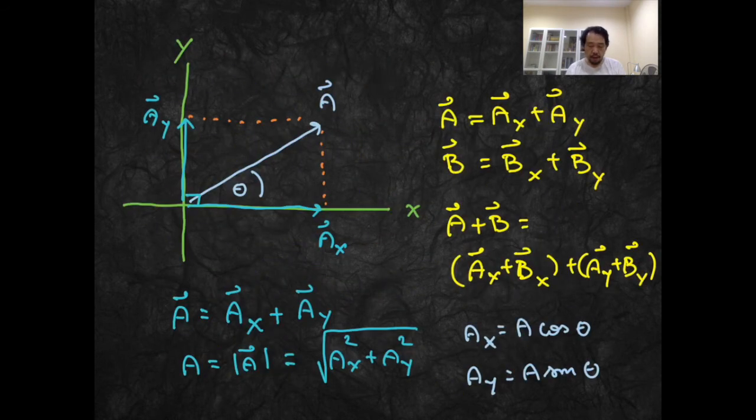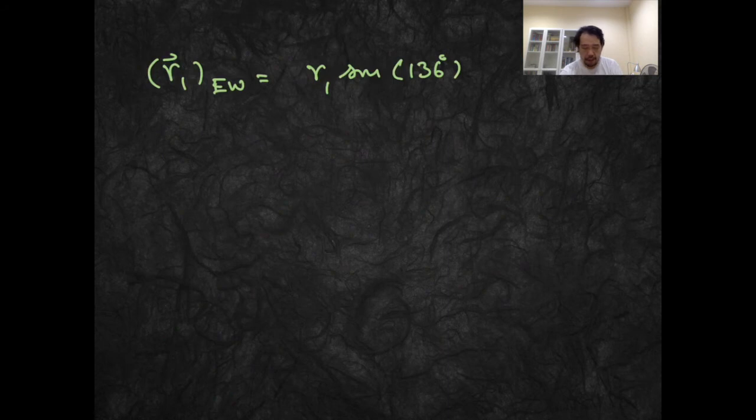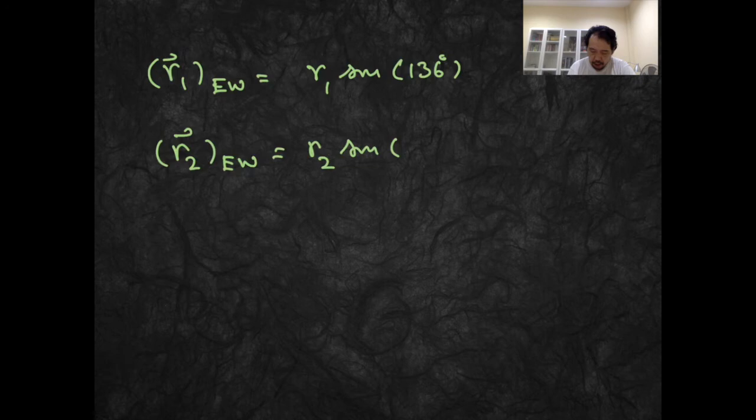So if we go to this, you can see that if X is a north-south axis and Y is an east-west axis, we have AX is equal to A cos theta and AY is equal to A sin theta. And with the same reason, we have the R1 of the east-west axis is equal to R1 sine 136 and R2 of the east-west axis is equal to R2 sine 153 degree.